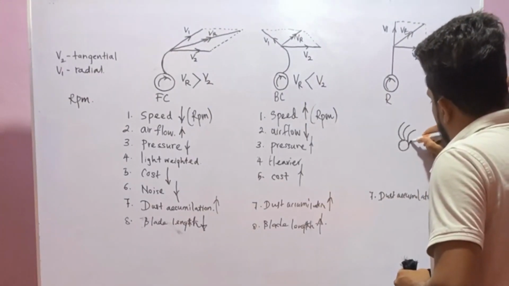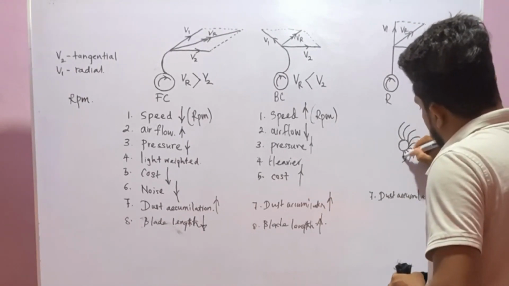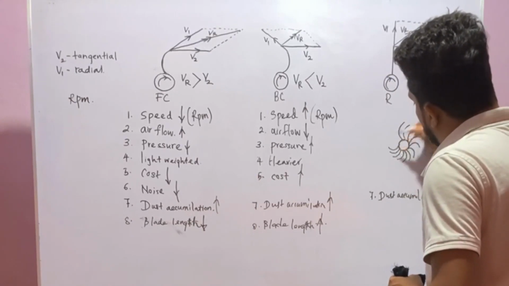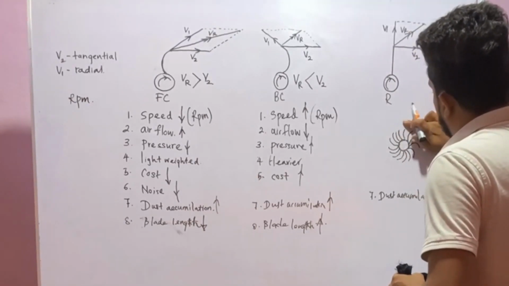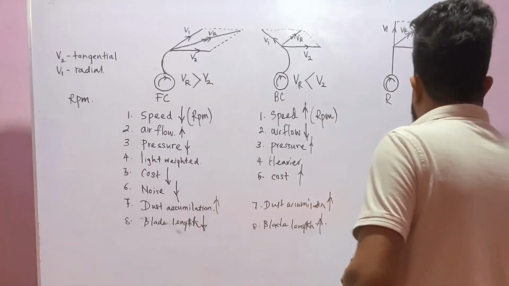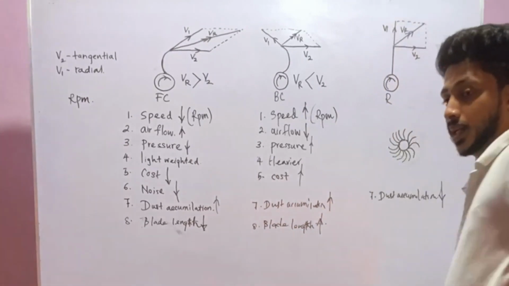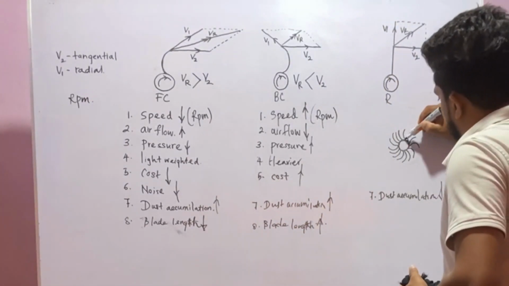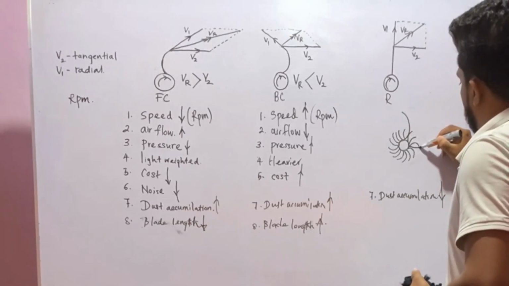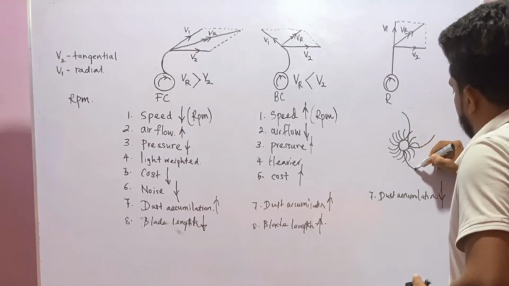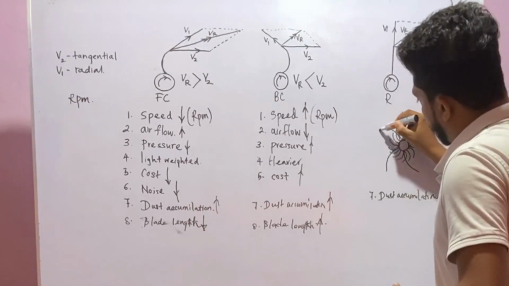But a backward curve fan has a greater length compared to the forward curve fan. If I draw in the same diagram, it may look like this. They have greater length, because of that they don't need as many impellers as the forward curve fan.